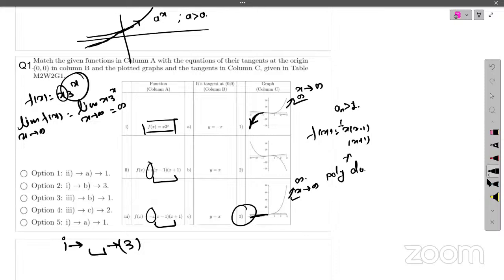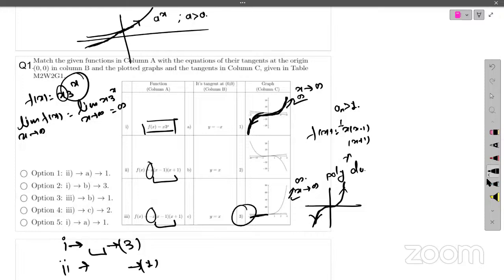Whenever we have such kind of function, our polynomial's graph will take such kind of behavior. That means it will go to infinity as x goes to infinity, and it will go to minus infinity as x goes to minus infinity. So that's why the option number 2 will take the graph of the first thing, because it's something like x cube.